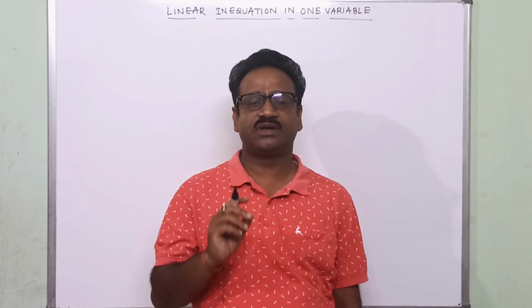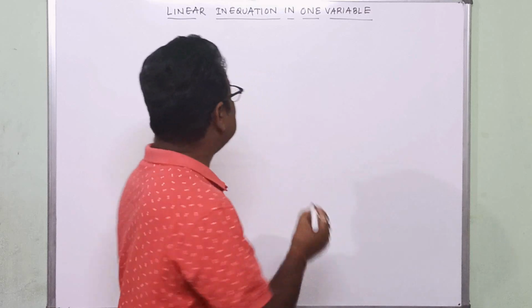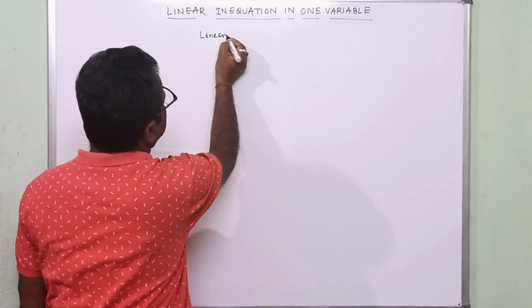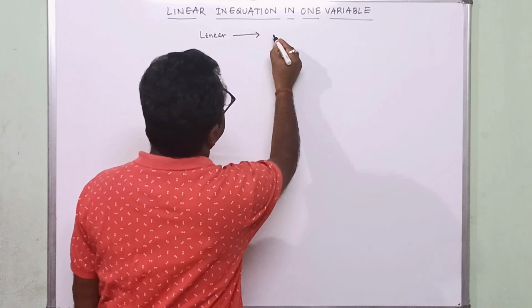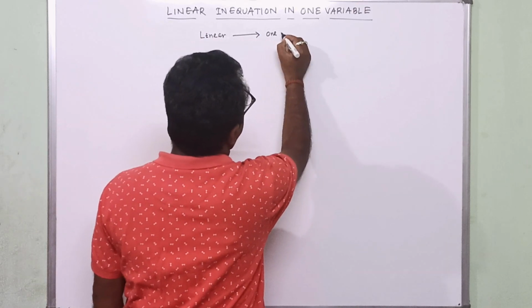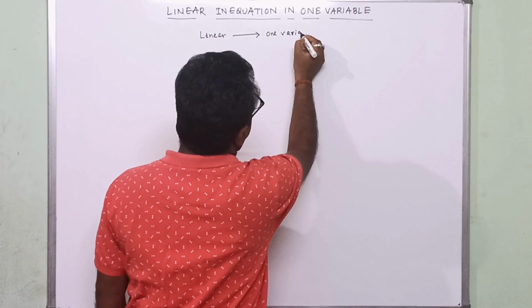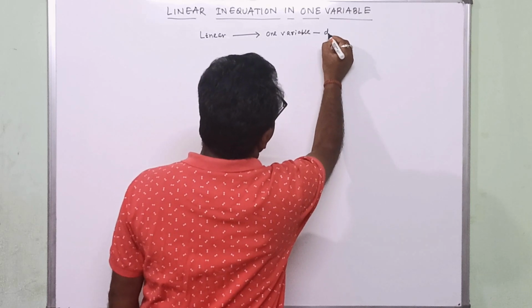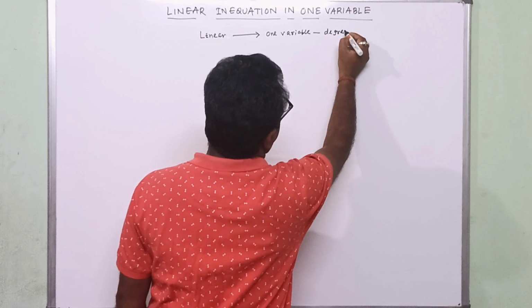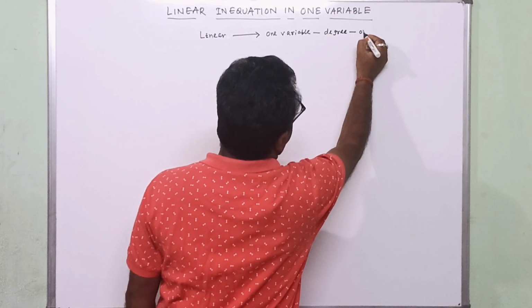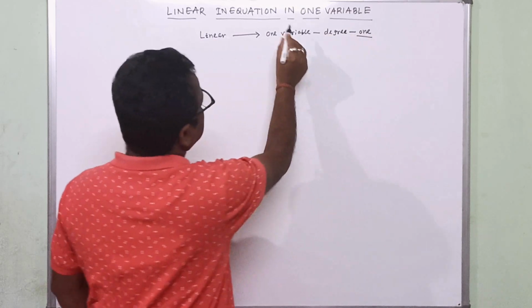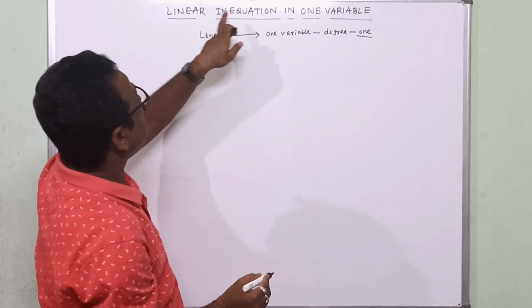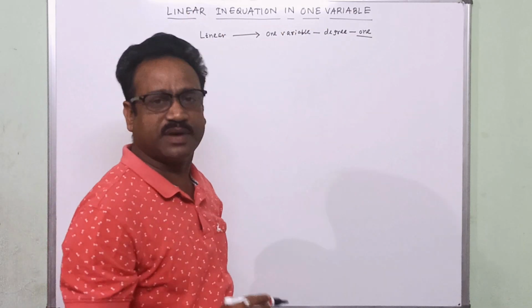Linear inequation in one variable. Linear means what? One variable, degree 1. In one variable, degree 1. Linear inequation in one variable.